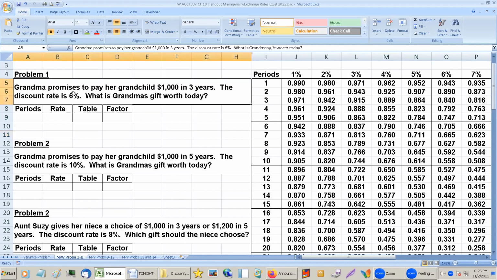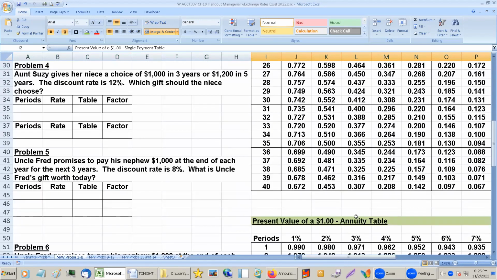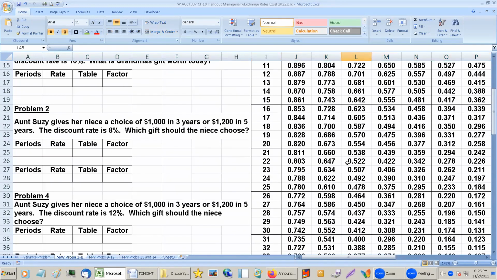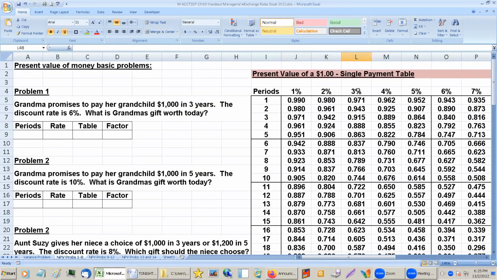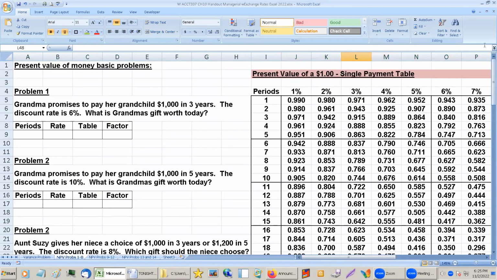The discount rate is 6%. What is grandma's gift worth today? We have two different tables. We have the single payment table, and then we also have the annuity table. You've probably already used both of those. Annuities are for multiple equal payments. Grandma's not going to give us multiple payments, just one payment.